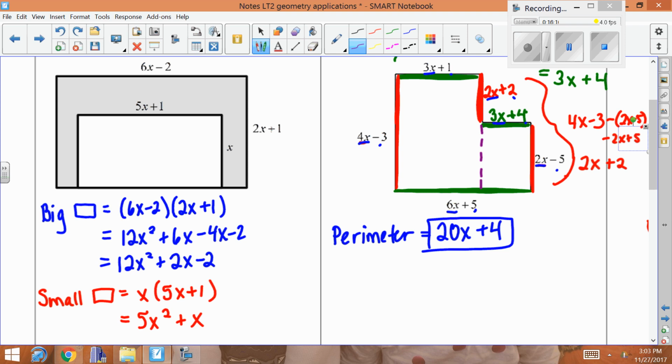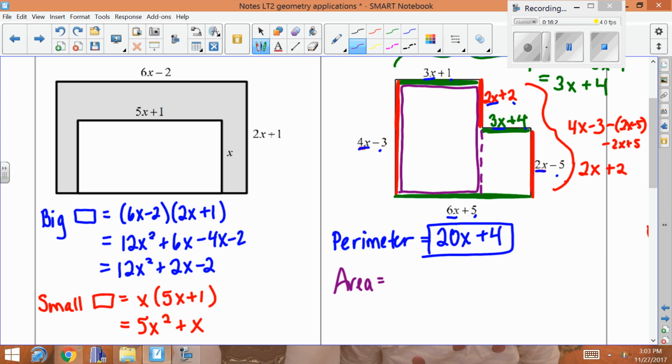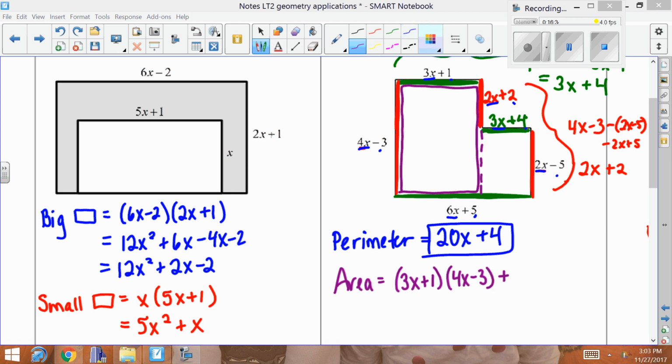So if I do this bigger rectangle here, I have to find the area of that. The area is going to be the 3x plus 1 times the 4x minus 3 for that bigger rectangle. And I'm just going to do it all in one expression here. I'm going to add that to the other rectangle.